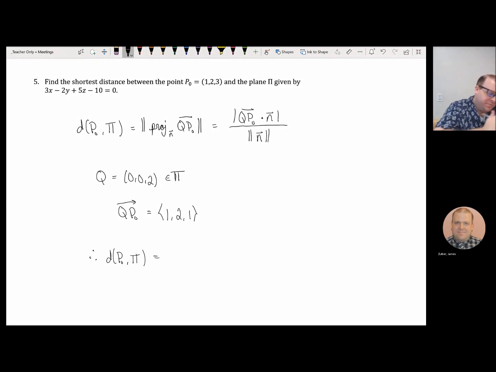Now I can do this. So absolute value of that directed line segment QP naught dotted with N, we know N: 3, negative 2, 5. 3 minus 4 is -1, plus 5 is 4, so absolute value of 4, divided by now the magnitude of N. 9 plus 4 is 13, 13 and 25 is 38.